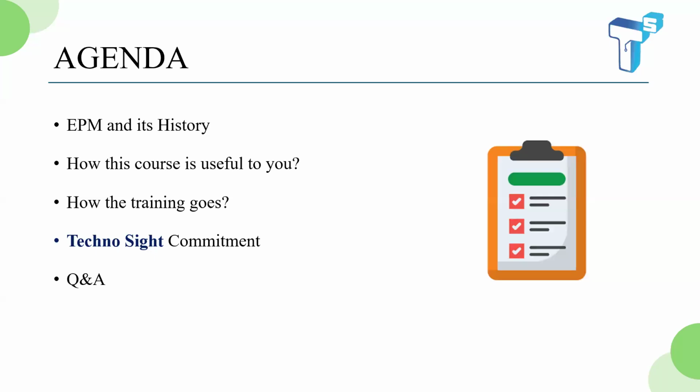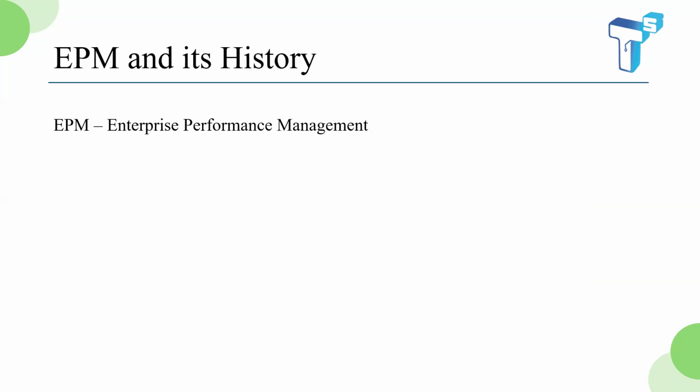You might not have heard of it. You might have heard of Java, JavaScript, C++, SQL, RDBMS. But what is EPM? EPM stands for Enterprise Performance Management. EPM full form is Enterprise Performance Management.